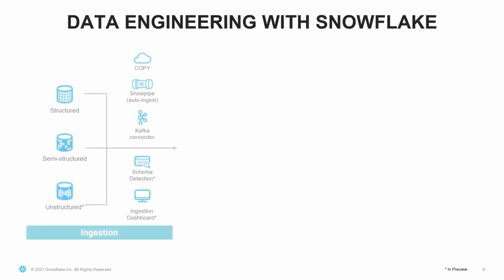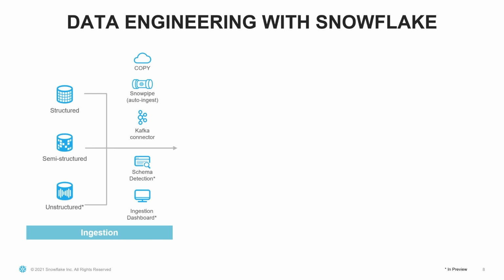So let's talk about some of the basic building blocks of data engineering in Snowflake. Those of us who are new to Snowflake, you will find this informative. Those of us who have been operating in Snowflake, we will talk about and highlight some of the newer pieces here. So on the data ingestion side, we allow you to ingest all types of data using a variety of options and services like COPY, SNOWPIPE, and the Kafka connector, which let you move data from batch as well as streaming sources.